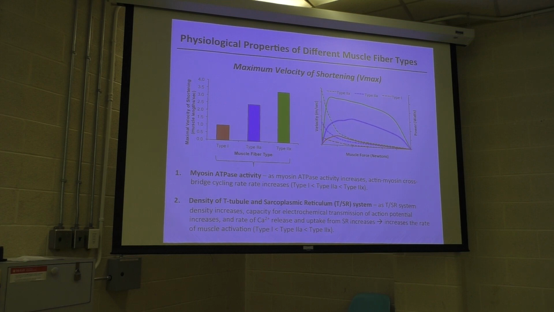There's a big question whether you can actually train to have more type 1 or type 2, and how much of that is actually genetic heritability. You can change it in some ways, but I'm going off topic a little bit. In any case, these guys have more power. The type 1s have lower power. And in this case, we're looking at velocity, so we're not going to change the force output right now.